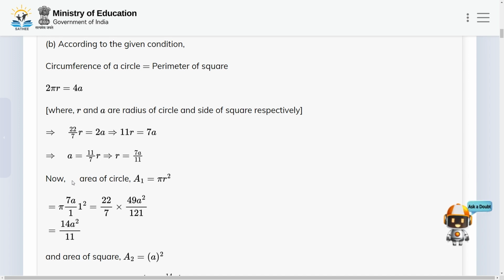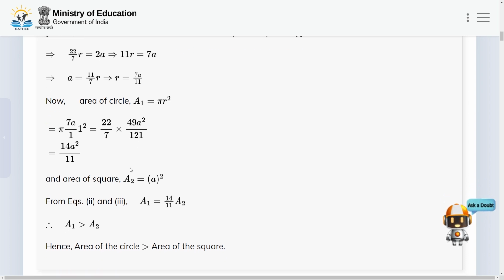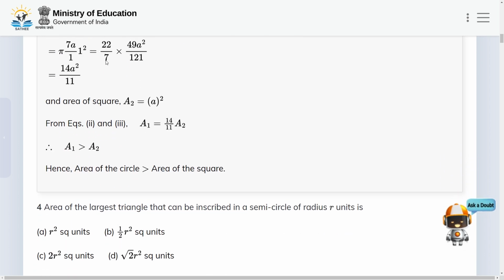Now the area of the circle, A1, equals pi R square, where R is 7A by 11. If we put this, we get pi times 7A by 11 whole square, that is 22 by 7 into 49A square by 121. Simplifying, this is equal to 14A square by 11.